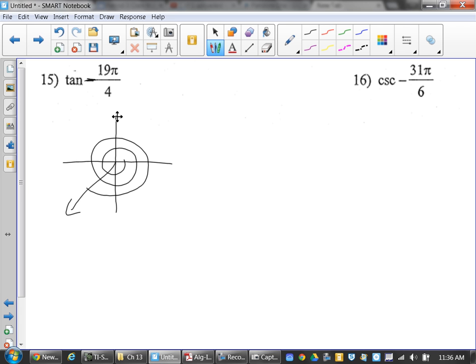So we know that our reference angle is pi over 4, 45 degrees. Correct? The tangent of 45 degrees is what? Positive. It's going to be positive in the third quadrant. So what is it? 1. Yes. Good. I went too far. Okay.